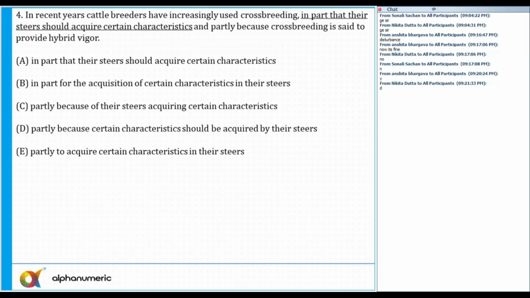Okay. So there are two reasons why cattle breeders have used crossbreeding. The first is so that the steers acquire certain characteristics, and the second is that it provides hybrid vigor. The second reason is to provide hybrid vigor, so the first reason also will have to be to do something.